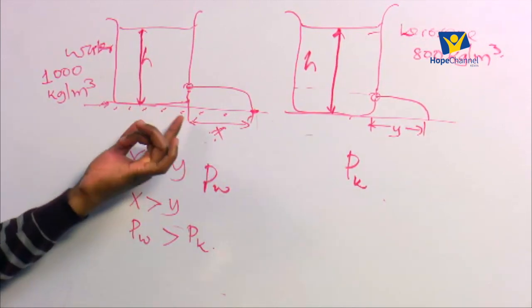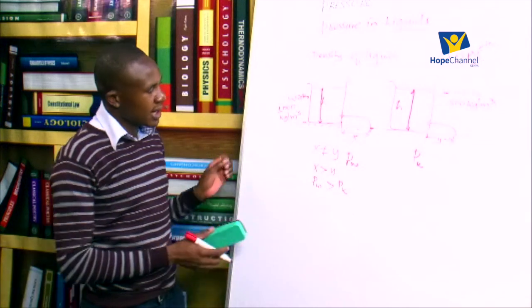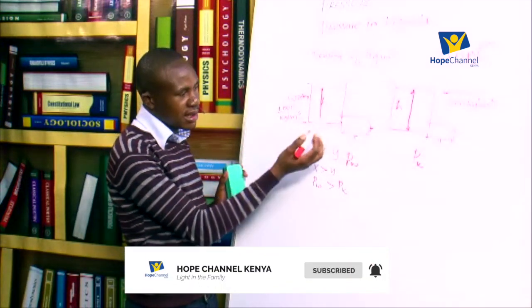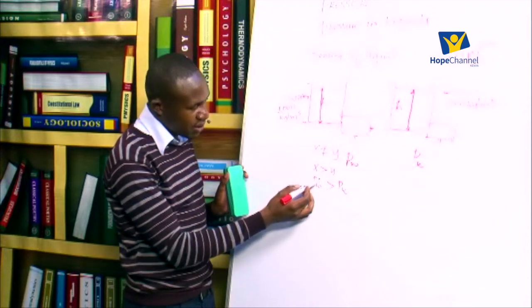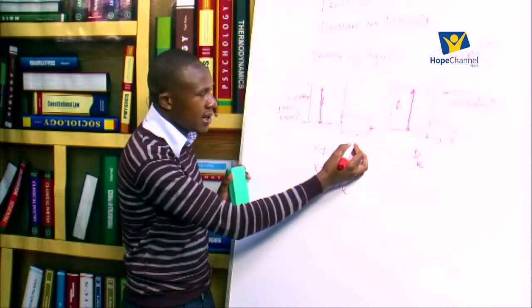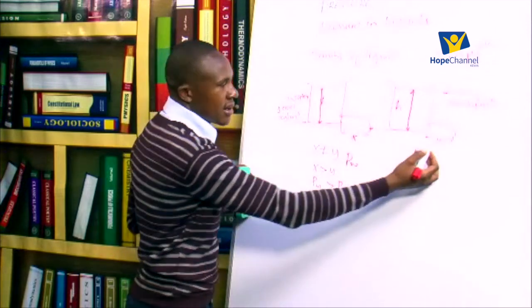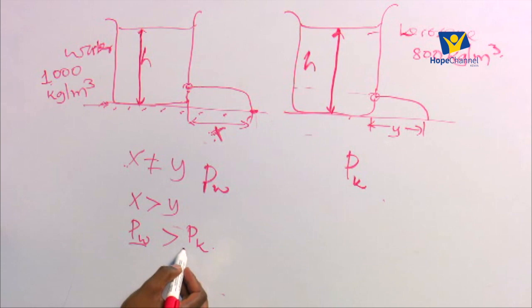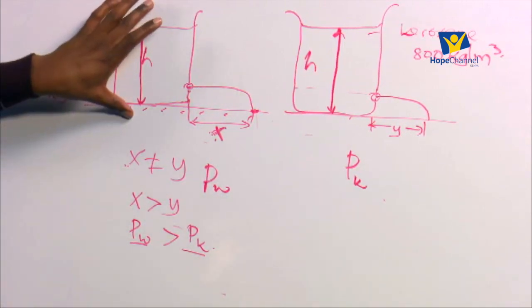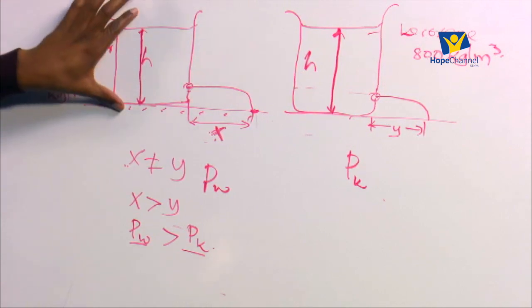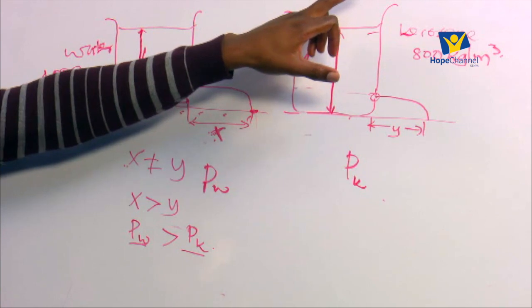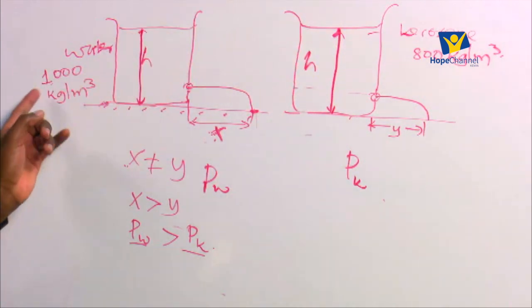The distance from the beaker to where it is landing. So that again tells us that because the density of water is more than the density of kerosene, it leads us to having a greater distance for the jet for water than the distance for the jet for the kerosene. Then the pressure of the water is more than the pressure of the kerosene. And now, considering that the heights are the same for both cases, this height for water and the height for the kerosene are the same, and the gravitational force is the same, the only thing which is different is the densities.